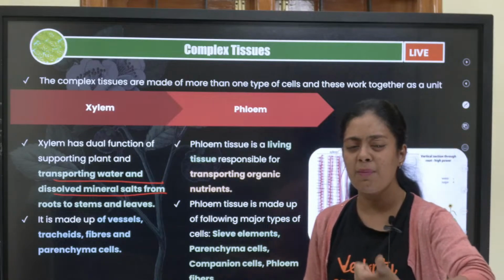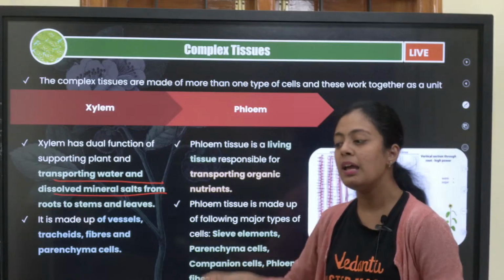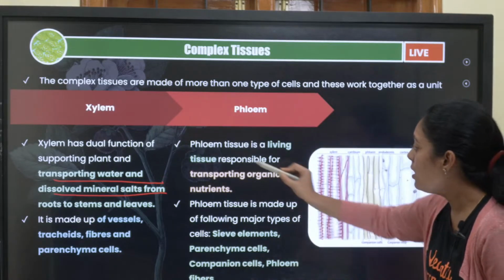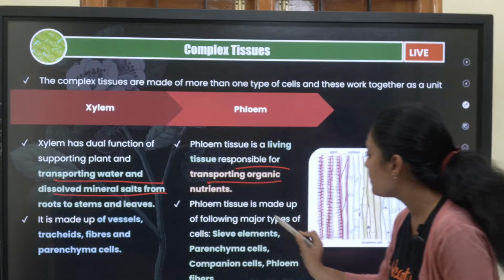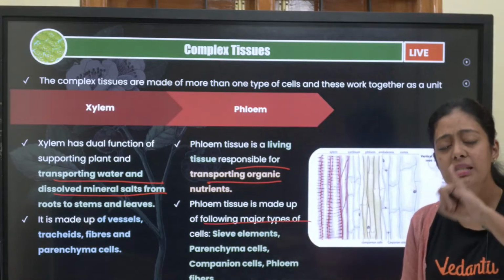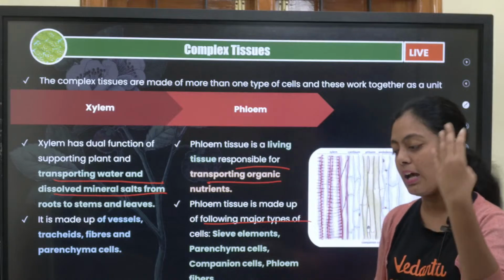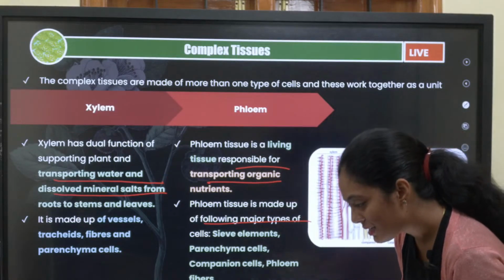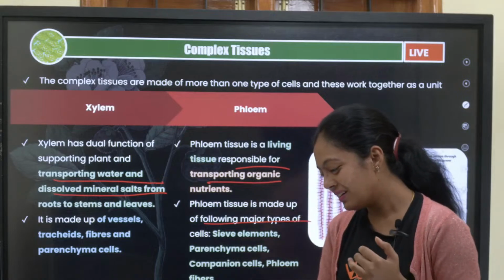It is made up of vessels, tracheids, parenchyma, fibers. Now phloem is a living tissue. It is responsible for transporting organic nutrients. It is made up of sieve elements, companion cells, parenchyma, fibers. Stem, endarch. Good, good.